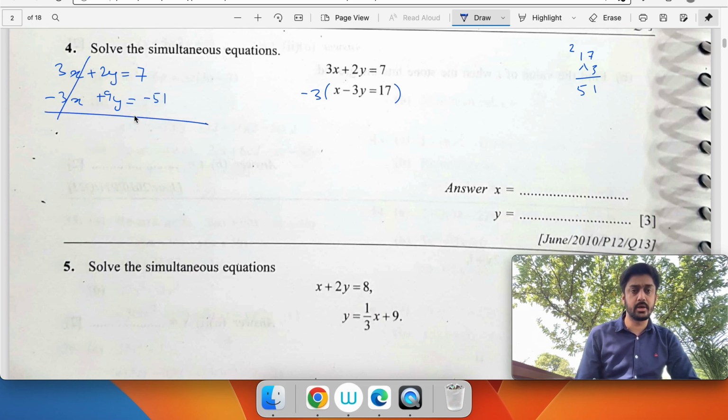Now add these two, get rid of this x. 2 plus 9 is 11y, and minus 7 minus 51 gives minus 44. So y equals 44 by 11, y equals 4.